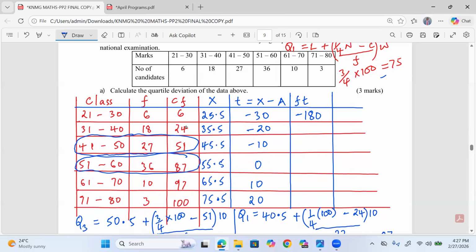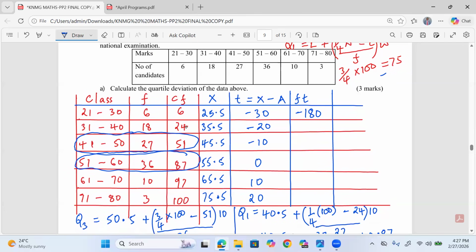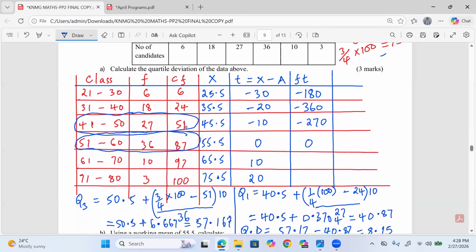The next is 18 by negative 20. We get negative 360. The next is negative 10 by 27, negative 270. The next one is a 0, because anything times 0 is just 0. 10 by 10, this gives us exactly 100. 3 by 20, is that 60? Yes.